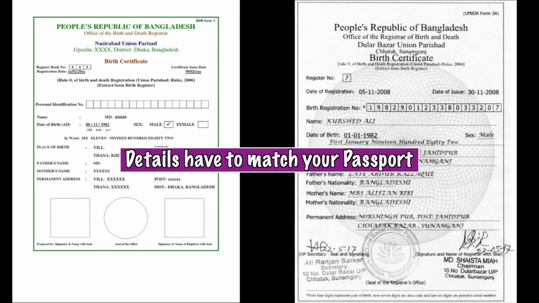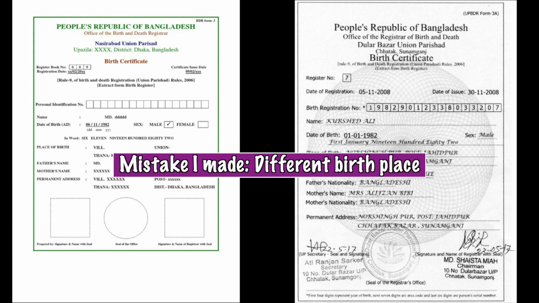It's extremely important to get the details right on the birth certificate. This is one thing the High Commission didn't elaborate on. They didn't tell me specific details to put on there, they just told me to get it made. So when I told my person in Bangladesh to make a birth certificate for myself and my wife, we put down that we were born in Bangladesh, Sylhet, and our village. But when I went back to the High Commission with this document, it didn't work.